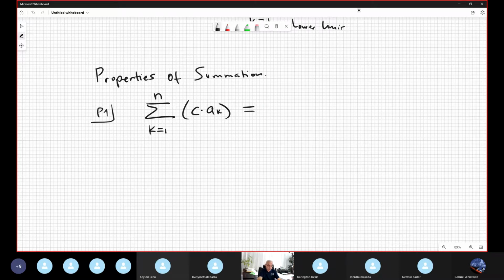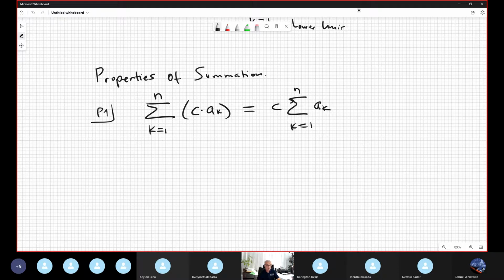So it's obvious that we can factor out c because it's the same factor. It's c multiplied by the summation of a sub k. We can apply this in both directions, factoring out or multiplying in.